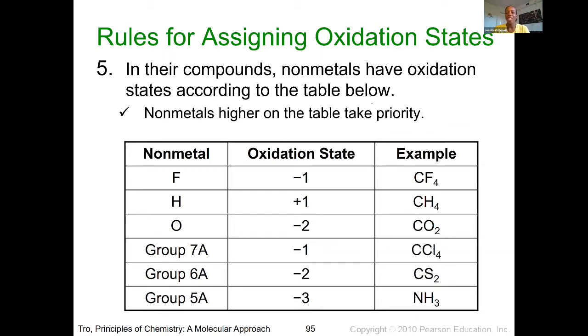And so again, a lot of these you've seen before. So you have fluorine would be -1, hydrogen would be +1, oxygen -2, group 7, -1, group 6, -2, and group 5, -3. And again, these are in priority. So if you have oxygen and nitrogen together, oxygen takes priority. And so that means that nitrogen has to shift, okay, as we saw in that previous example.